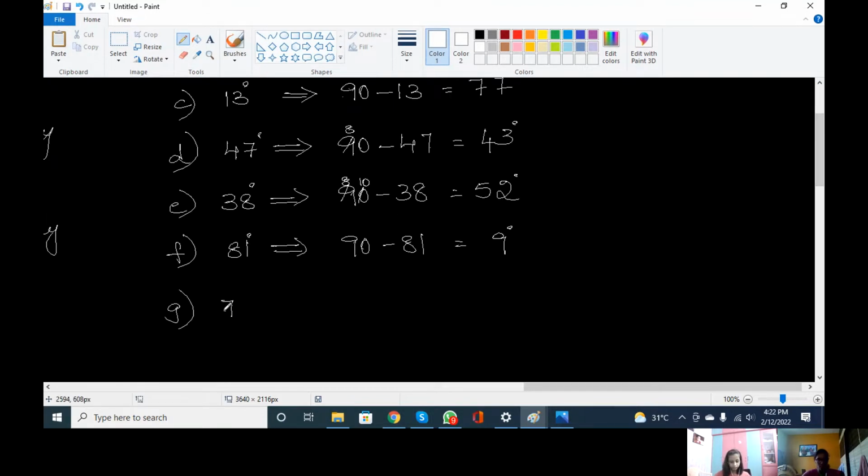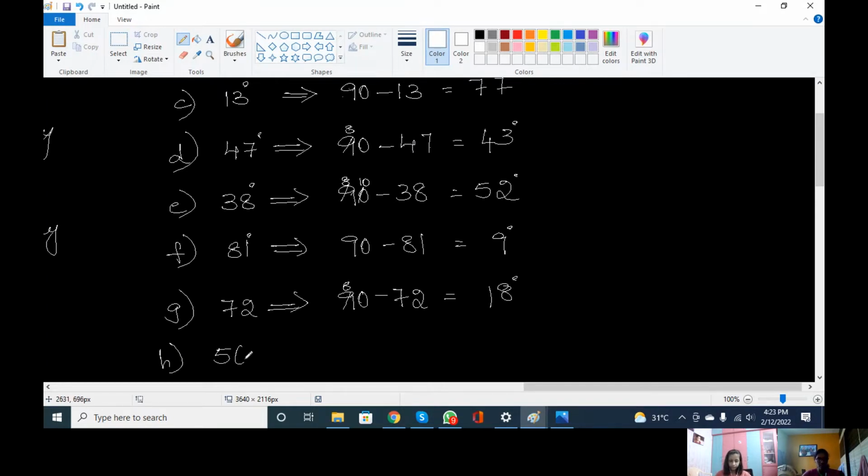G, 72. 90 minus 72. 10 minus 2 is 8. And here 8 will be there. 8 minus 7 is 1. 18 degrees.